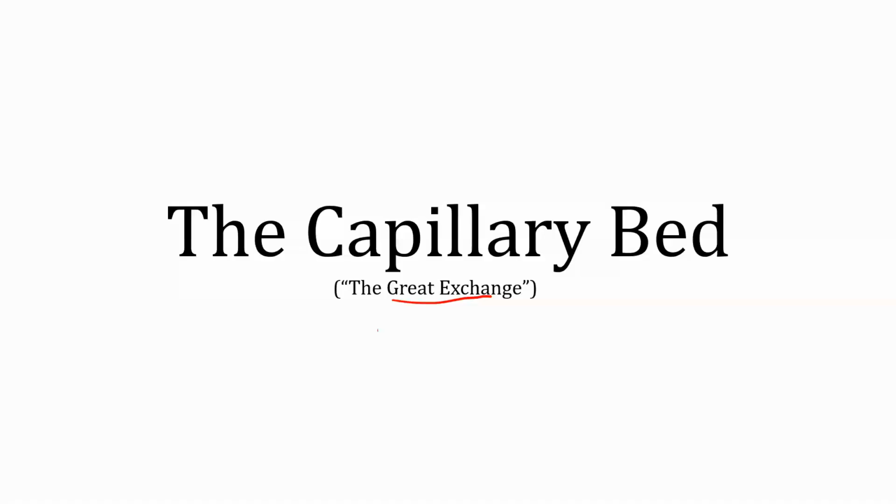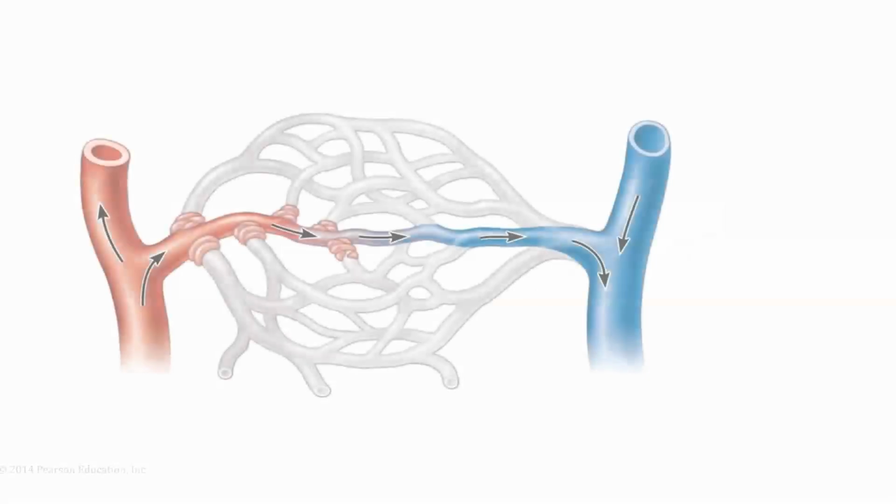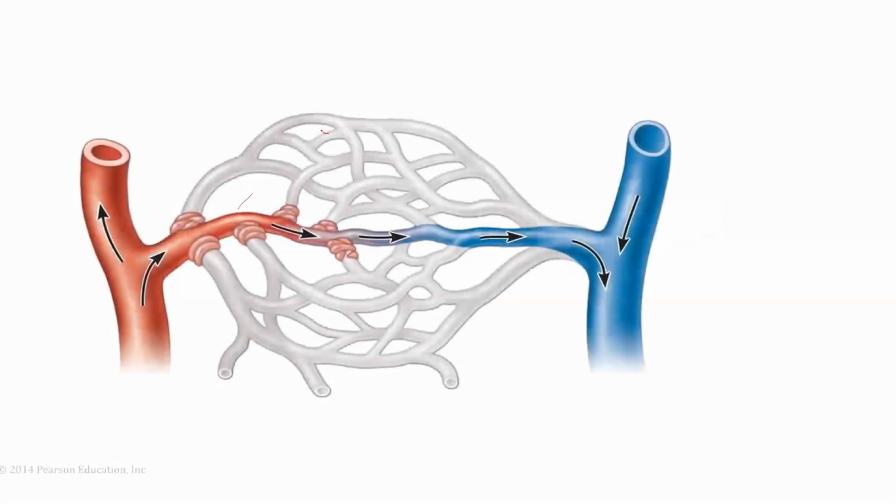So they have to be able to participate in this great exchange, and this is where it happens. This is a cartoon of a capillary bed. The way that I think about it is, if your body was a city and nutrients were delivered via the cars traveling on streets, the cars are like the red blood cells carrying nutrients.